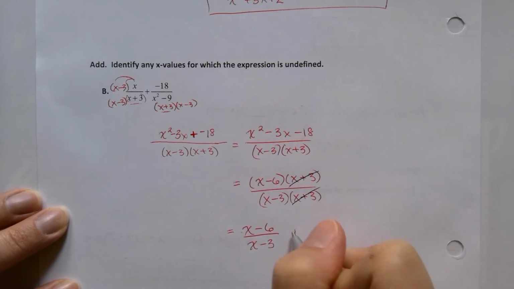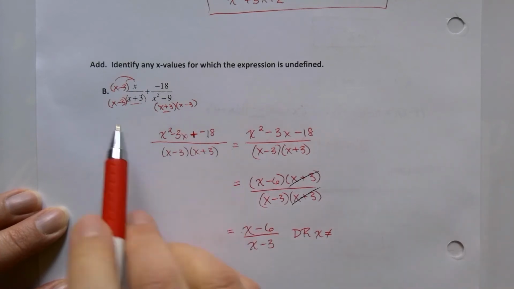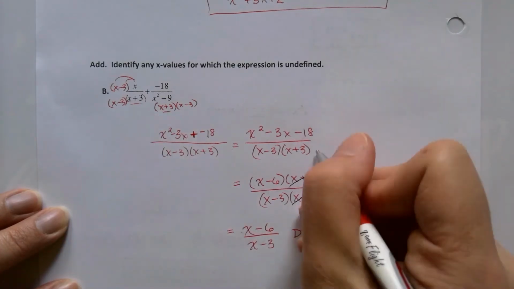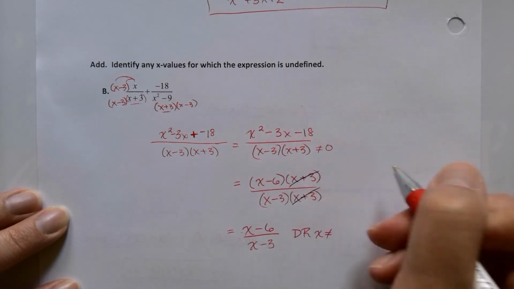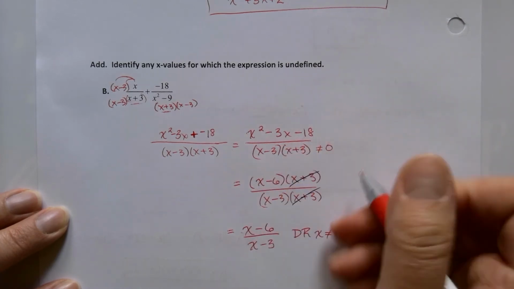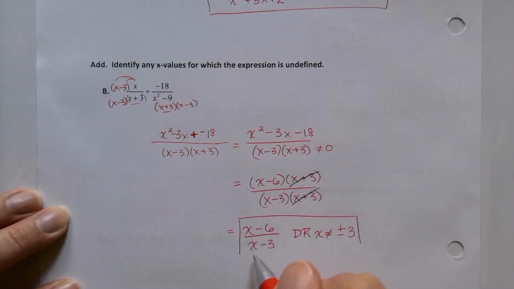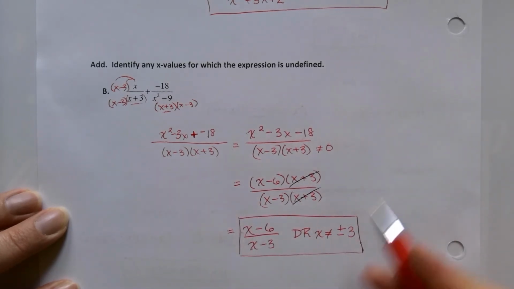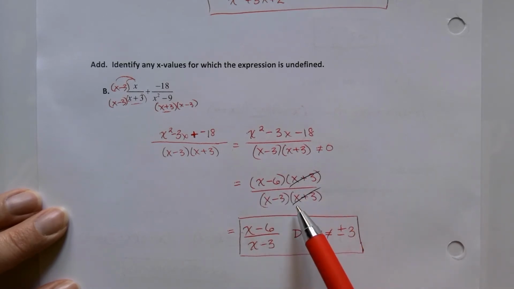And again, we want those domain restrictions from the original denominator. So nothing ever canceled out. My denominator came down to this x minus 3, x plus 3, and so x cannot be 3 or negative 3. So you can see how much this is building. You really need to understand simplifying rational expressions because we've now built that.